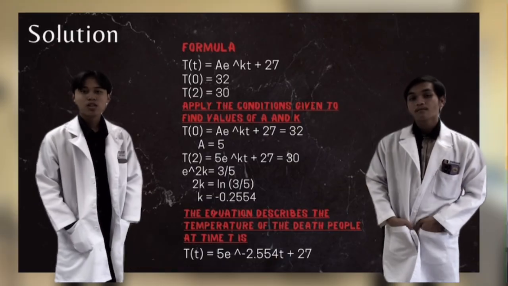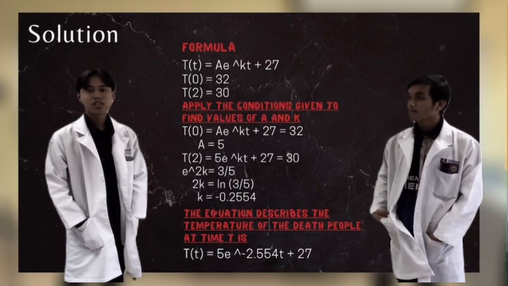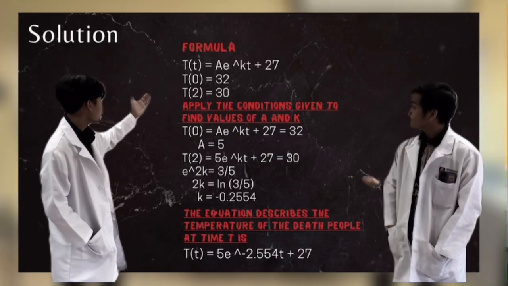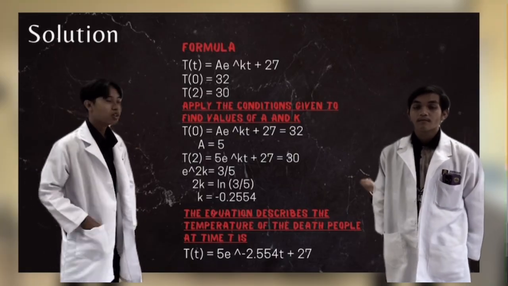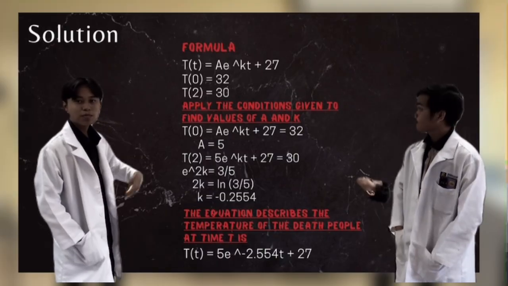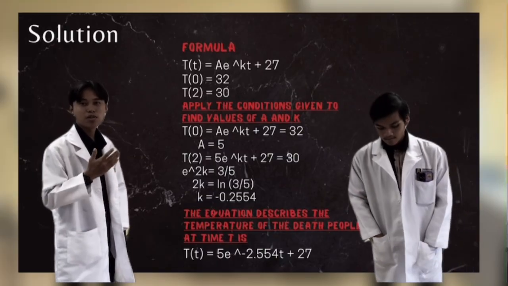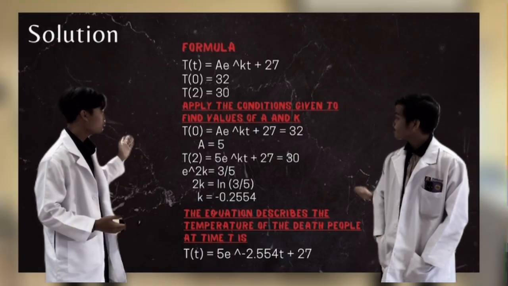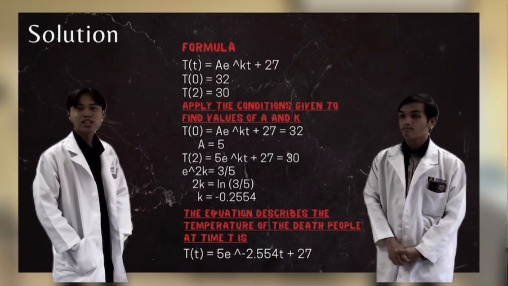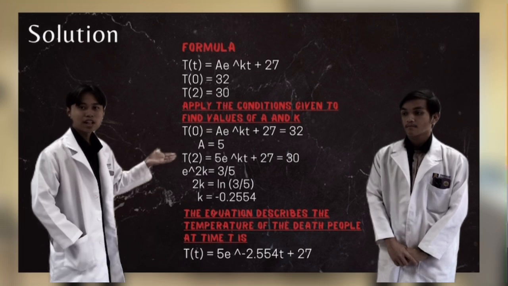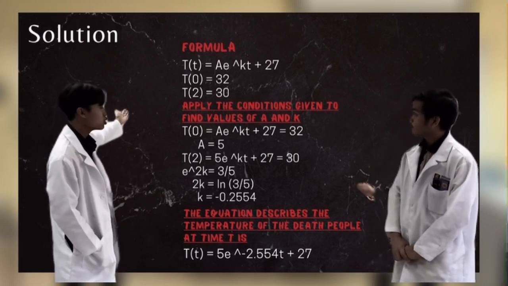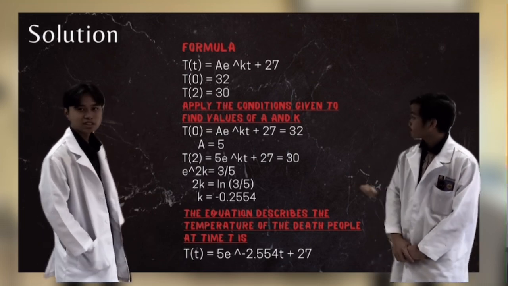After we find the general solution, we can make a table. 0 represents the time we found the body, and 32 degrees Celsius is the body temperature at that time. The same goes for 2 and 30 degrees Celsius.